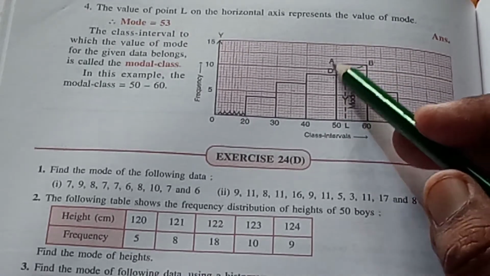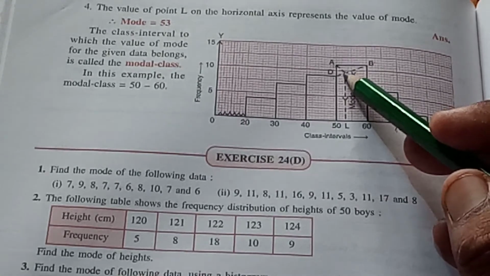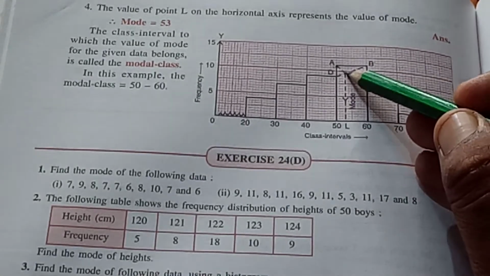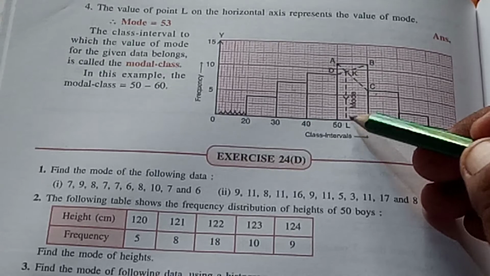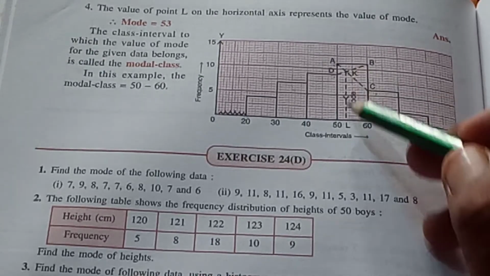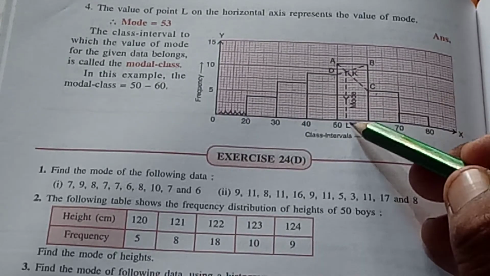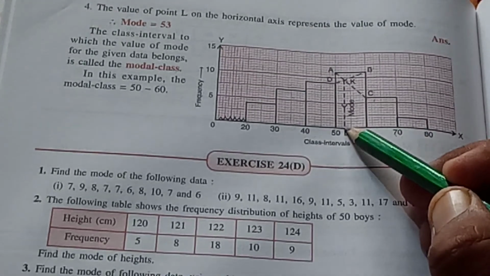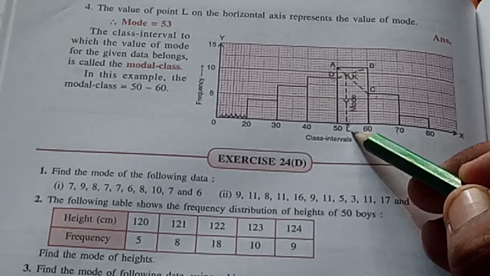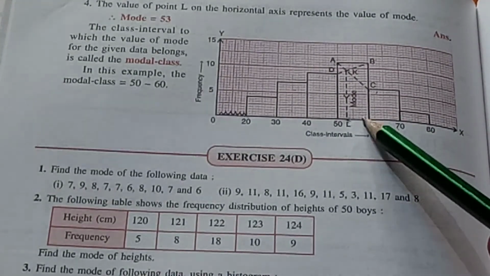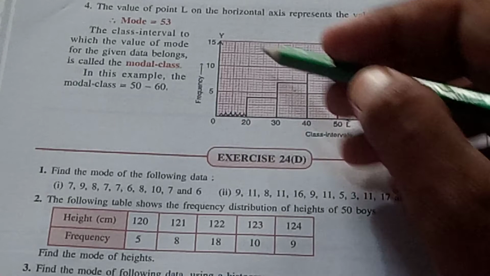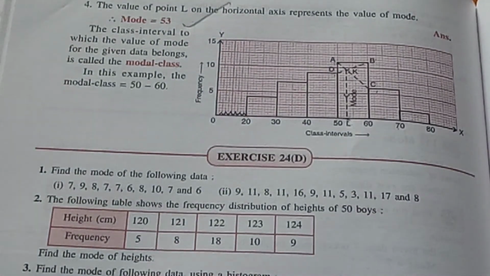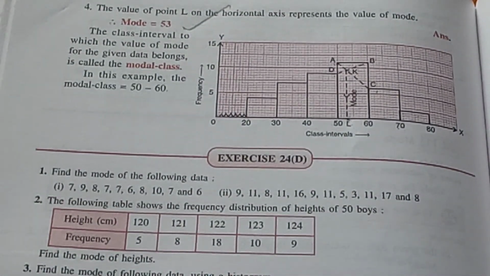Now from the intersection point of AC and BD, draw a perpendicular on the x-axis which cuts at point L, and L denotes the mode of the data, which is 53. Okay students.